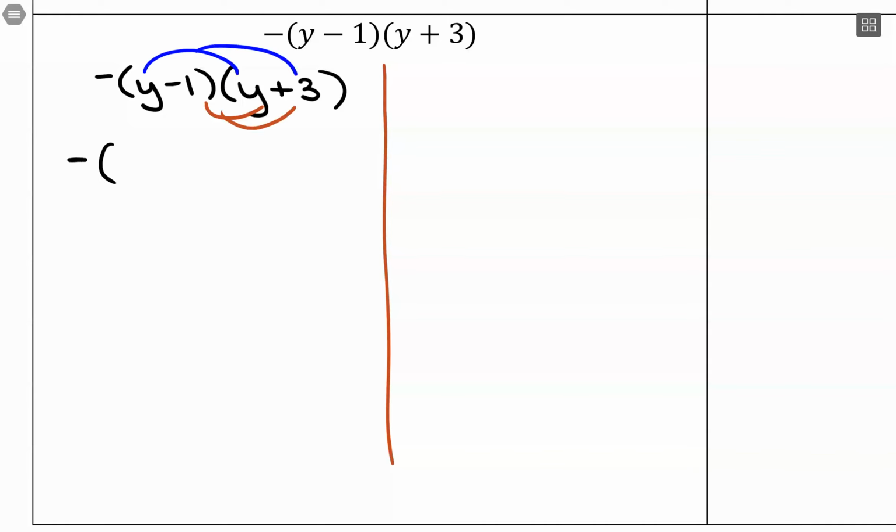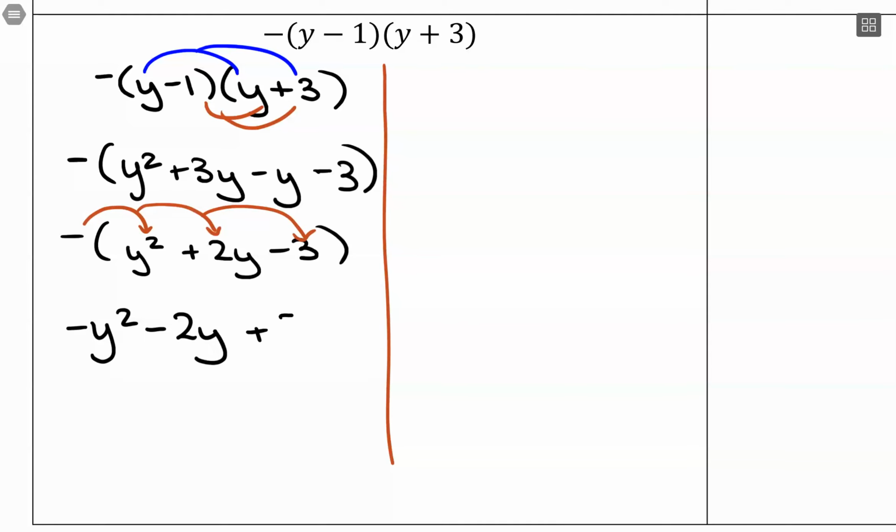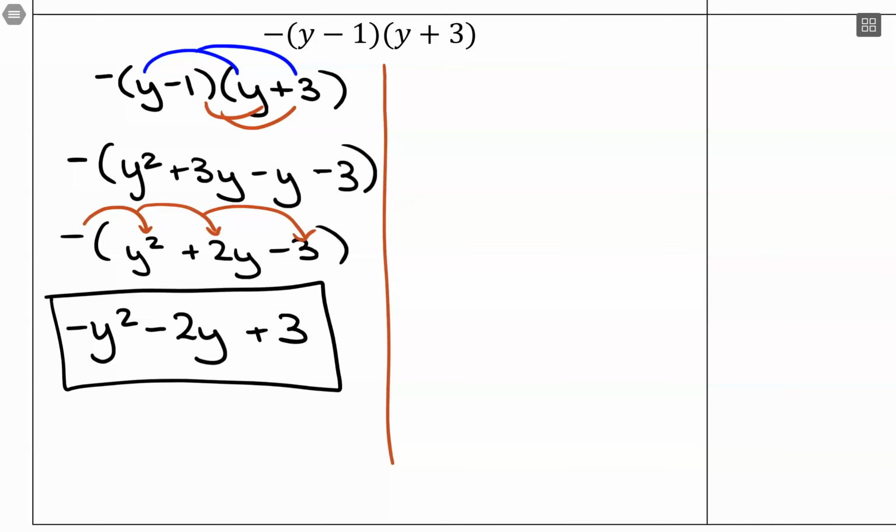I'm going to keep parentheses, and what we'll have is y squared plus 3y minus y minus 3. And I'm just going to combine like terms, so positive 2y minus 3. And then what we would do is distribute the negative in. So it's going to multiply with each piece. So we'd have negative y squared minus 2y plus 3. So that's one way to get to the answer.